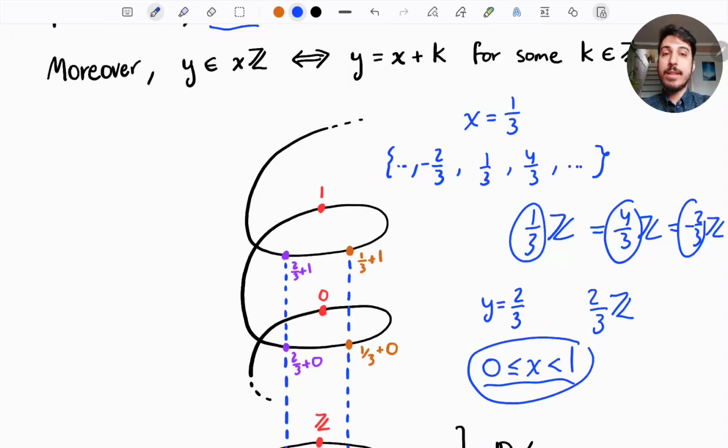So the set of cosets here is between 0 and 1, but these are real numbers, and it's infinite, and it's uncountable because the real numbers between 0 and 1 is an uncountable set. So we have an infinite uncountable set in our quotient group.